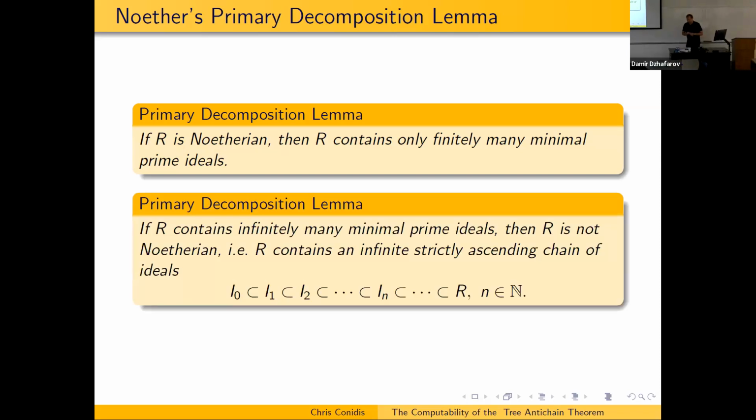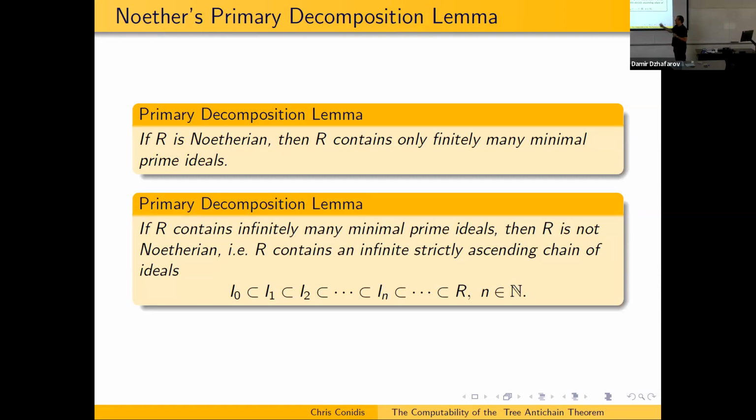In the context of reverse mathematics and computability theory, it's often more useful to restate theorems about Noetherian rings in terms of their contrapositive. Lots of theorems in commutative algebra say, if you're in a Noetherian ring, then you satisfy some property.